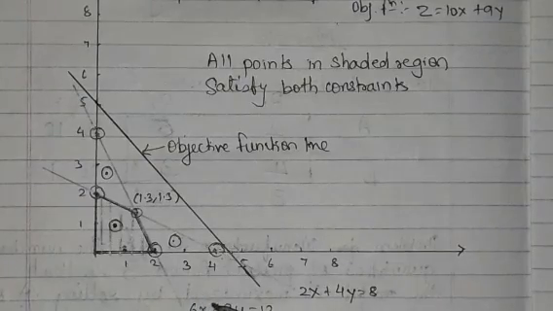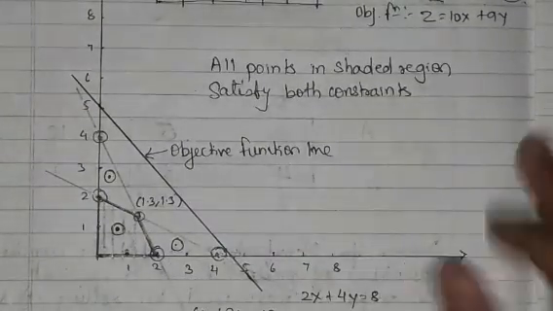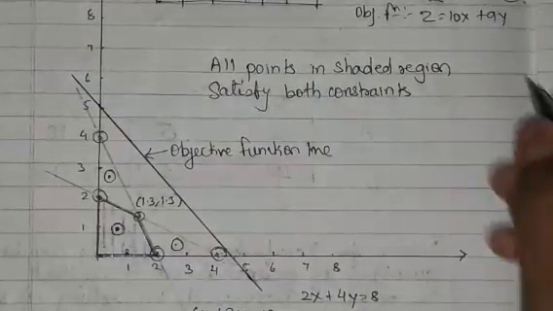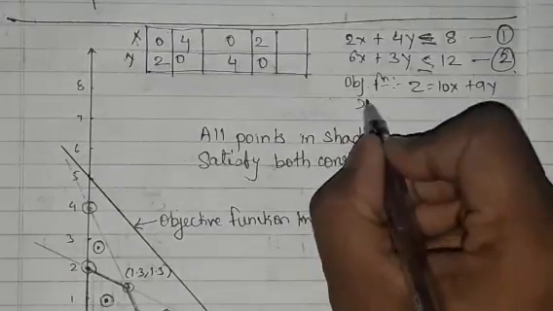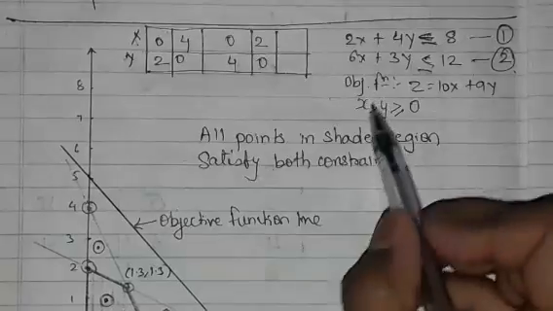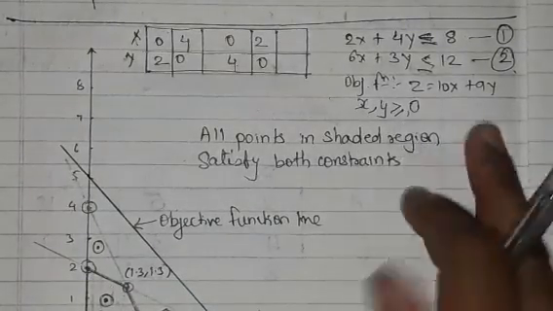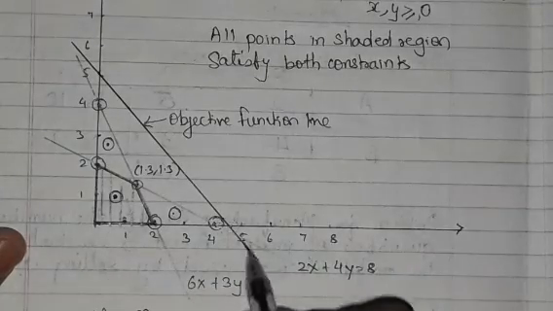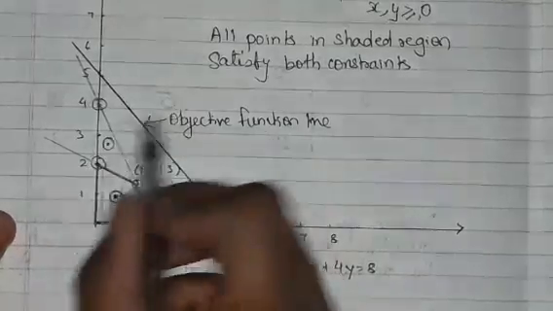Now see what I get after drawing these two lines. Basically there are not two constraints; I have all four constraints. x and y should be greater than or equal to 0, so this is also a constraint. x greater than 0 means this line, and y greater than 0 means this line.